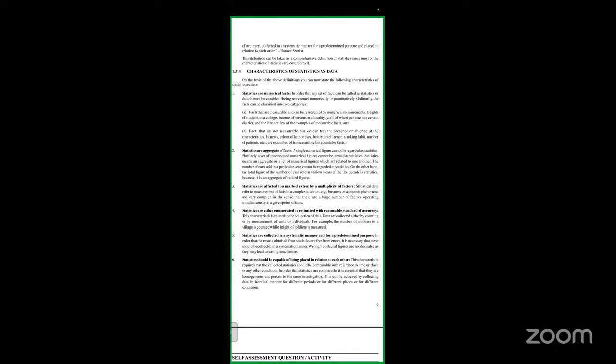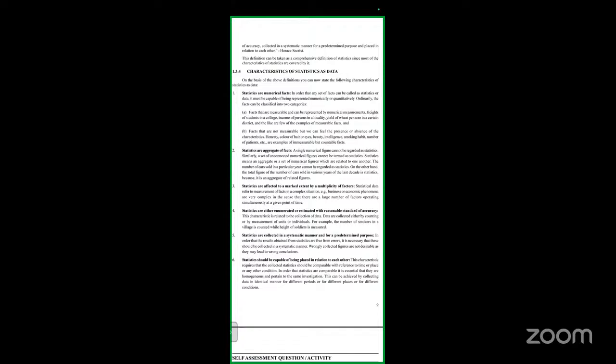Ordinarily the facts can be classified into two categories. The facts that are measurable can be represented by numerical measurements, like the heights of students in a college, the income of persons in a locality, and the yield of wheat per acre in a certain district. These are a few examples of measurable facts.